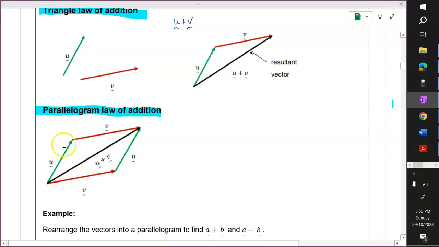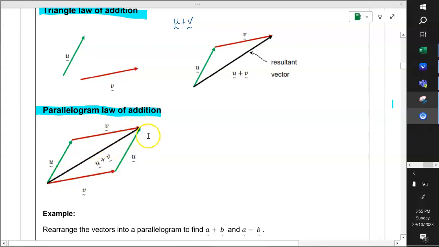I repeat my vector U on the other side, just shuffled over and starting at the tip of my vector V, and my vector V then makes a parallelogram along the top. So we've got the two vectors going tail to tail, and then we've got our two vectors over here going tip to tip. So the addition method there would be going from the tail to the tip, and that would be the diagonal of that parallelogram, and that would represent U plus V.